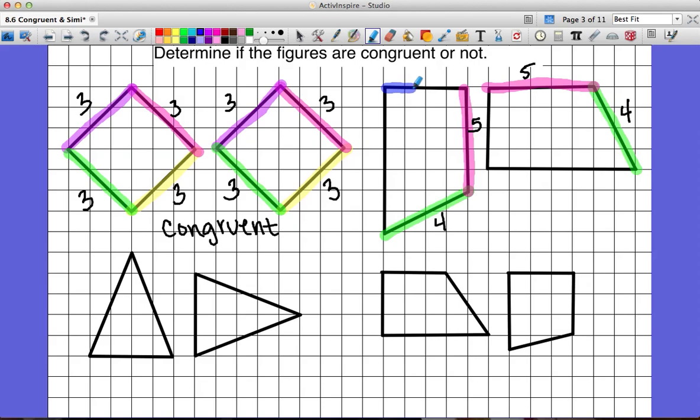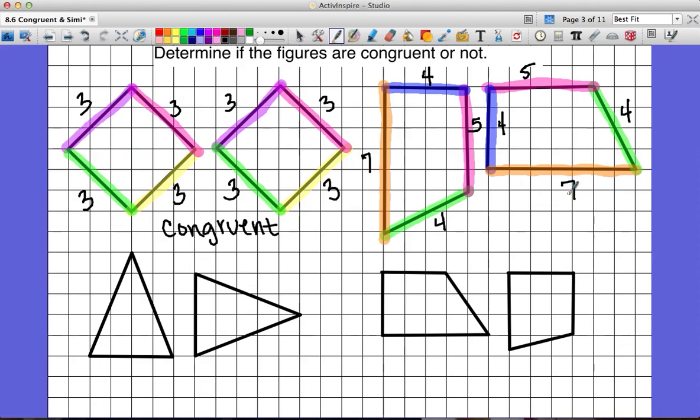Now we have the small side and the other small side. 1, 2, 3, 4 units long. 1, 2, 3, 4 units long. And the last one, 1, 2, 3, 4, 5, 6, 7, and 1, 2, 3, 4, 5, 6, 7.